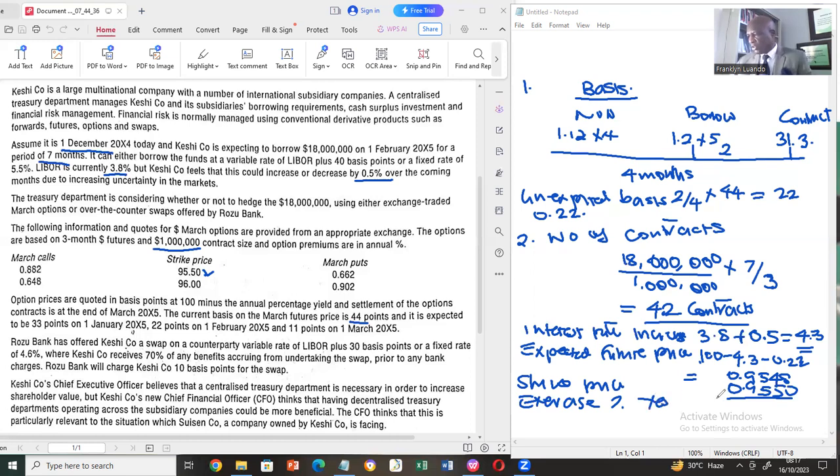If we exercise, what will be the profit made? 0.0002. That will be the profit made. So what will be the net effect? Profit in total now.